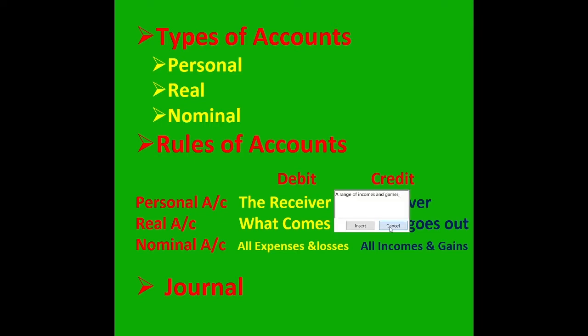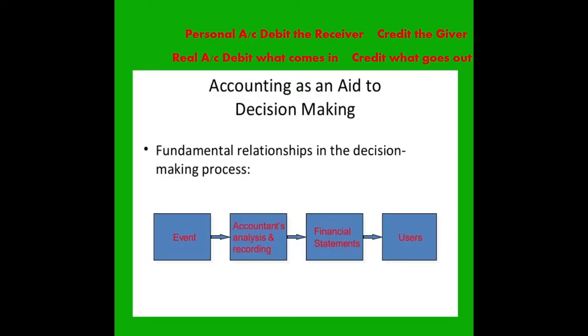So using these types of accounts as well as rules of accounts, we are preparing journal entries in the books of a party, trader, whatever. The process of accounts starts from the event that we are treating as transactions. The accountant will take a decision on this.